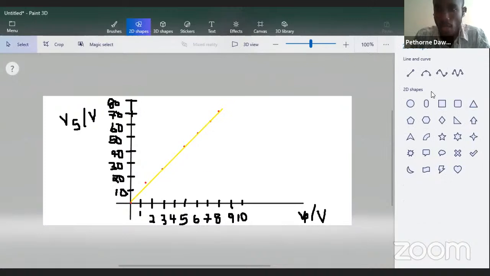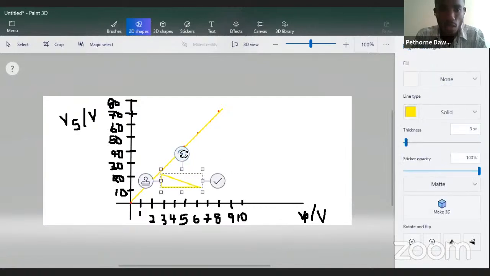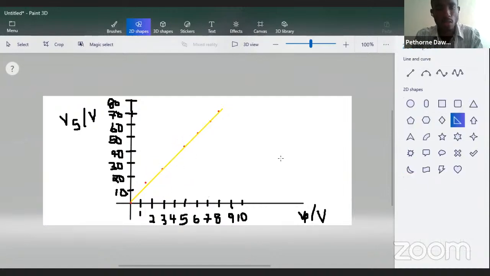All right, and then of course you're going to be required now to put in your... I could change the color, couldn't I? Yes, I could. Let's try to ignore that.